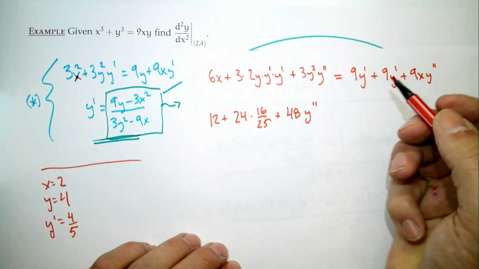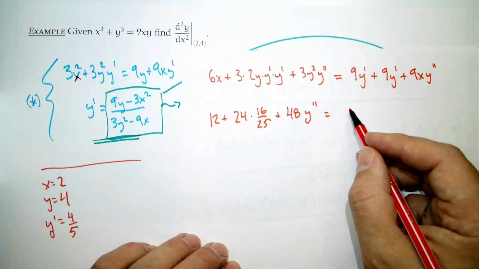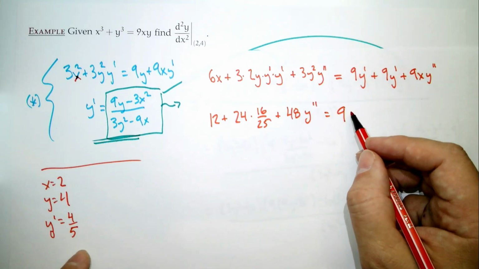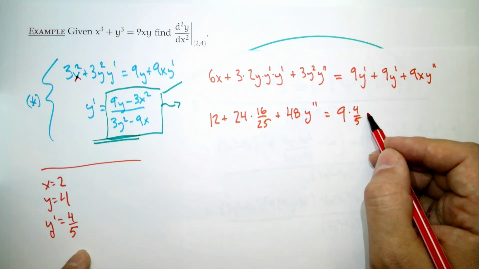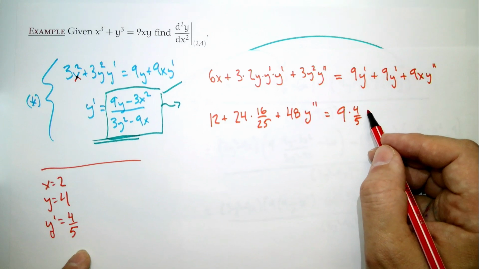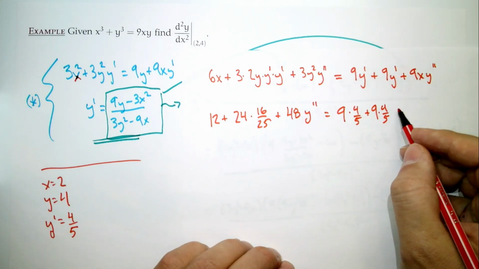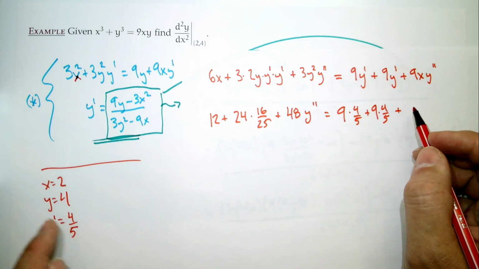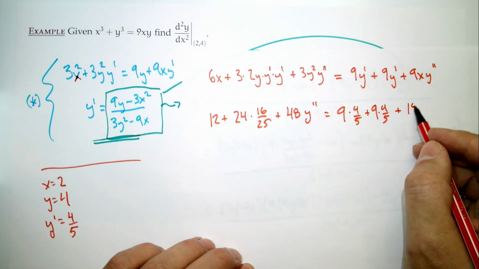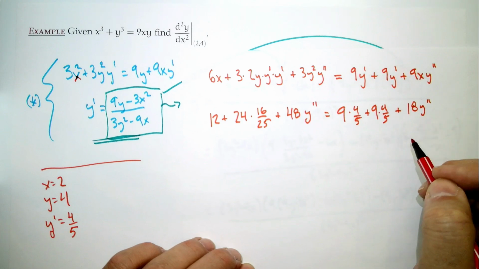Y double prime. We don't know what y double prime is. Equals 9 times y prime. That's 4/5. Plus another 9. Oh, we should put those together. Oh, well, live and learn. Okay. Plus 9 times x. So that would be 9 times 2, which is 18 y double prime.